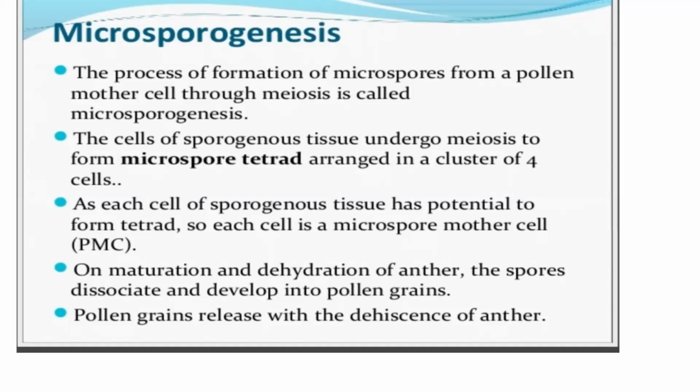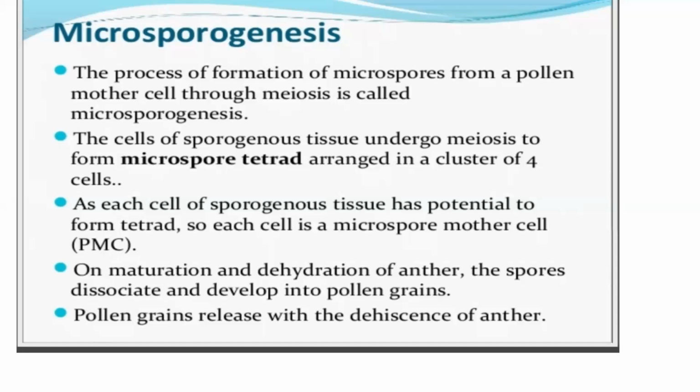The cells of the sporogenous tissue undergo meiosis to form the microspore tetrad, arranged in a cluster of 4 cells. I will show all the diagrams one by one. Each cell of the sporogenous tissue has the potential to form a tetrad. Each such cell is a microspore mother cell, that means the pollen mother cell.